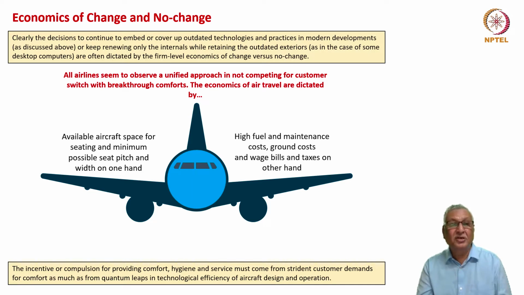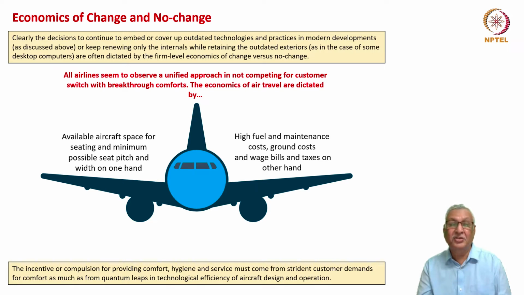The decisions to continue to embed or cover up outdated technologies and practices in modern developments as discussed above, or keep renewing only the internals while retaining the outdated exteriors as in the case of some desktop computers, are often dictated by the firm-level economics of change versus no change. All airlines seem to observe a unified approach in not competing for customers' switch with breakthrough comforts.